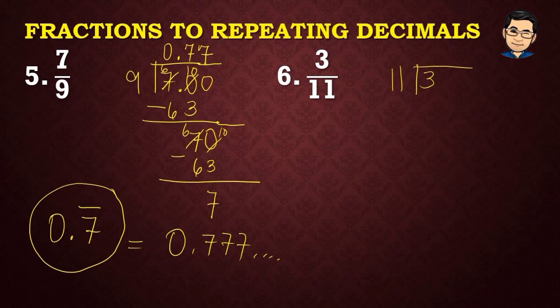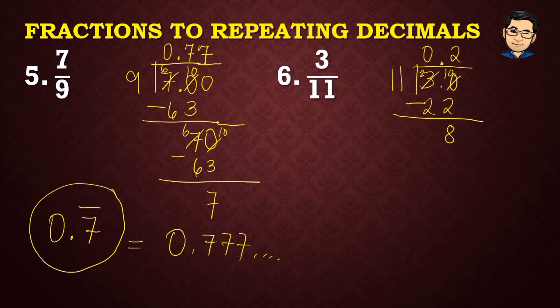So, 3 divided by 11, that is 0. So, we need to add 0. Decimal place, a decimal point. So, magiging 30 divided by 11, that is 2. So, that is 2 times 11, 22. And then, we subtract. 0 minus 2 cannot be. So, manghihiram tayo sa 3. And then, magiging 2. Yung 0 magiging 10. 10 minus 2, that is 8.